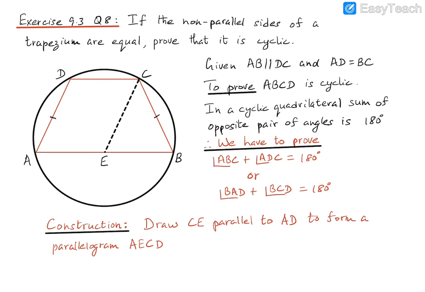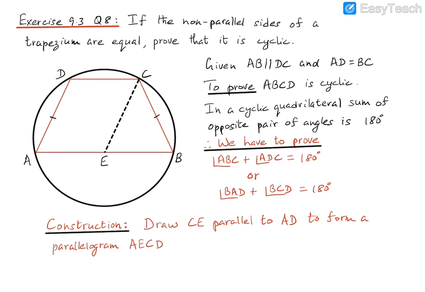So we have to prove either that angle ABC, this angle here, plus angle ADC, this angle here, is equal to 180 degrees, or that angle BAD plus angle BCD, their sum, is equal to 180 degrees.